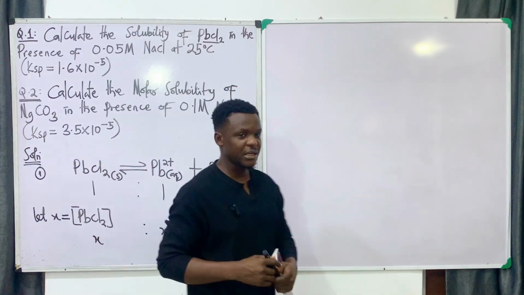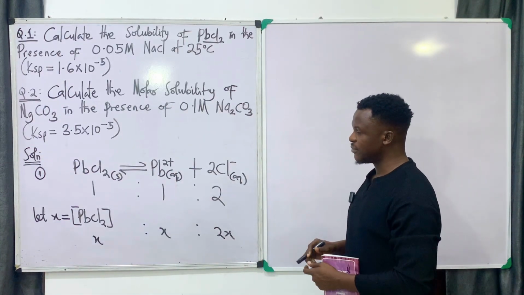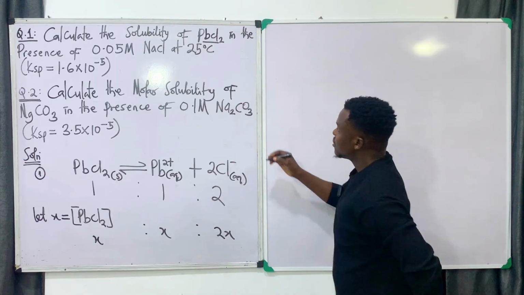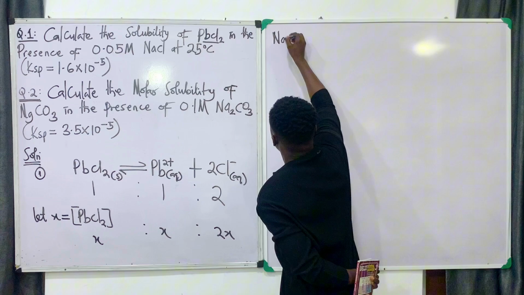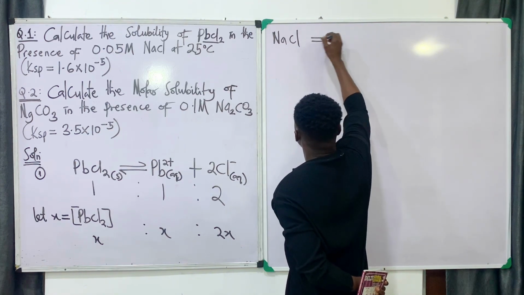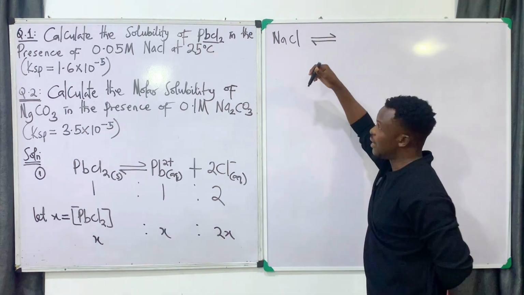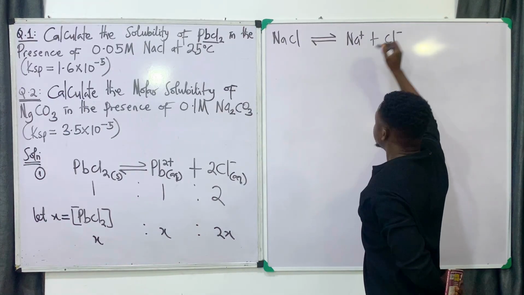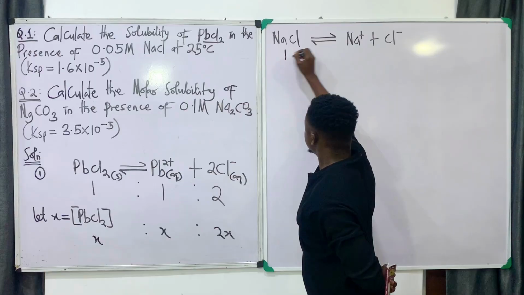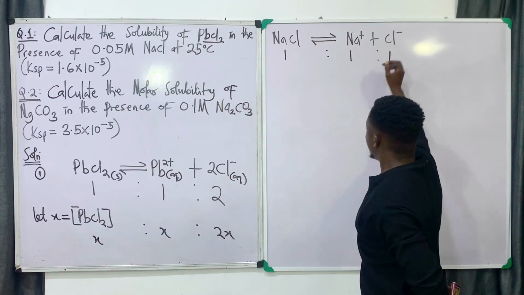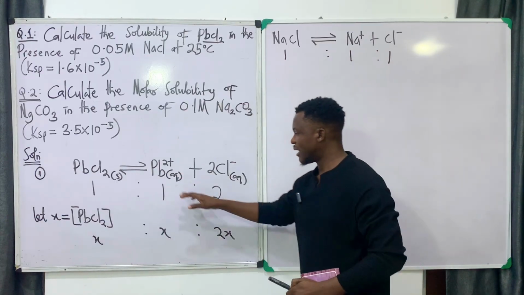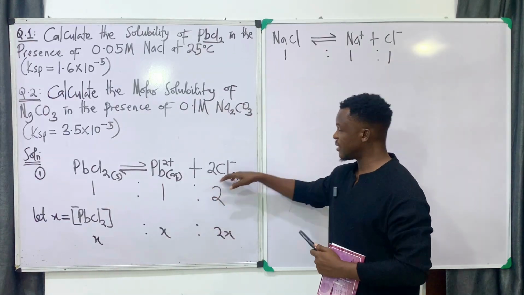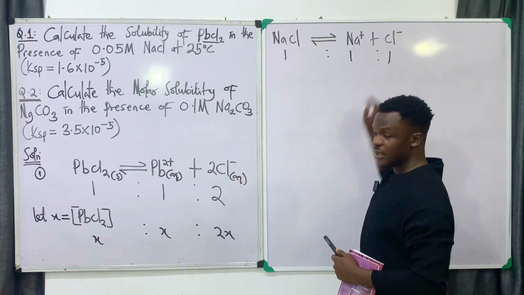Okay, so having done that, the next thing we are going to do is say when it is dissolved in NaCl. You can choose to use a one head arrow or double head arrow. This is Na plus and Cl minus, a 1:1:1 ratio. If you look at these ions, do we have anything common between the ions here and the ions here? Yes.